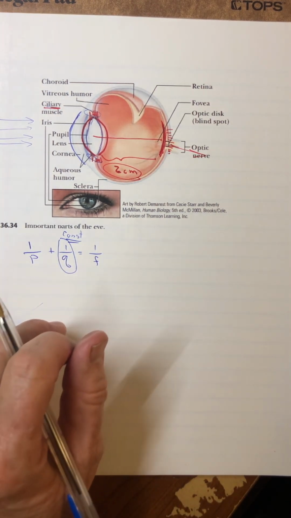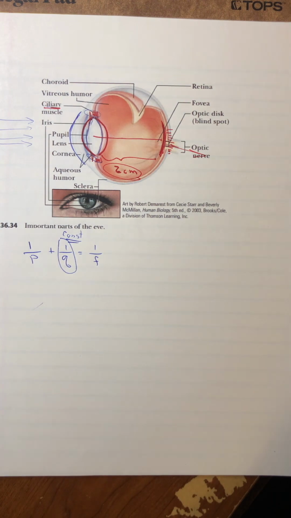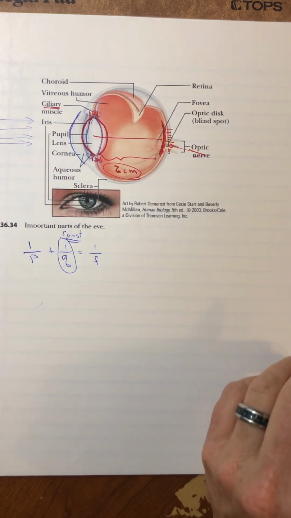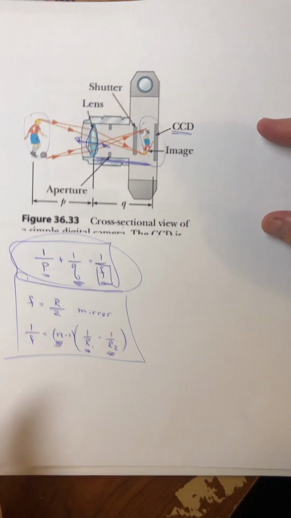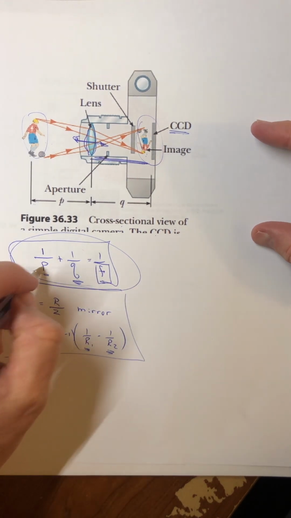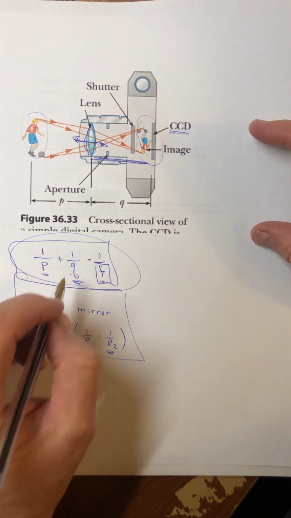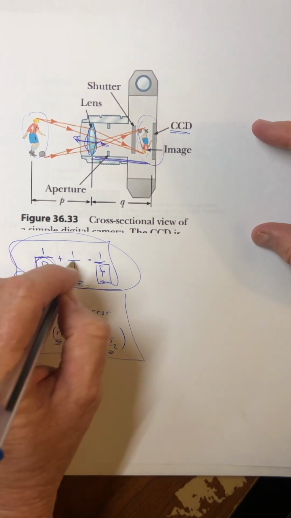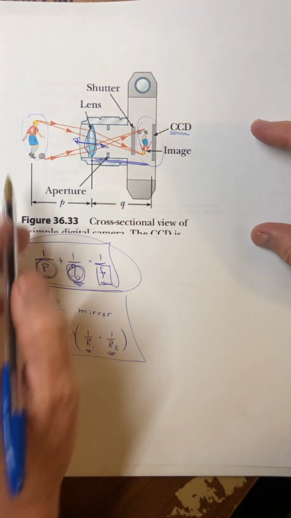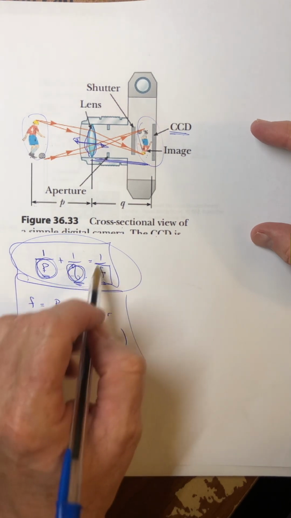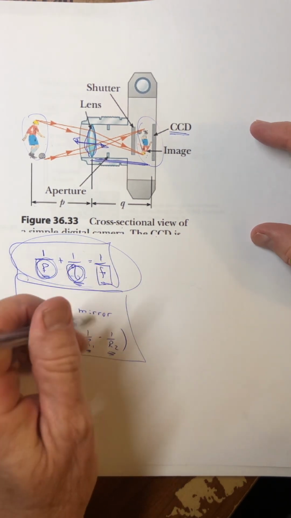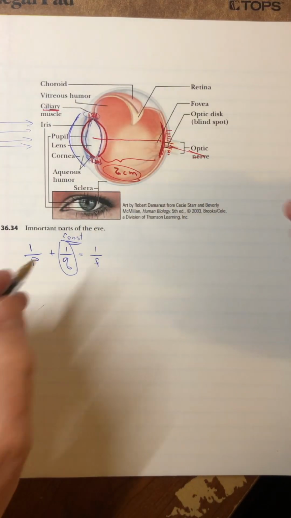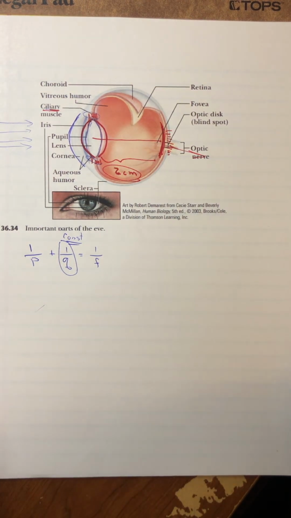All of our discussion a moment ago about the camera was that Q was varied: as P got smaller, Q had to get bigger, and as we focused on different objects, we changed where the lens was so that we always had a 1/F that didn't change. But for the human eye, that's different. We want Q to remain constant.